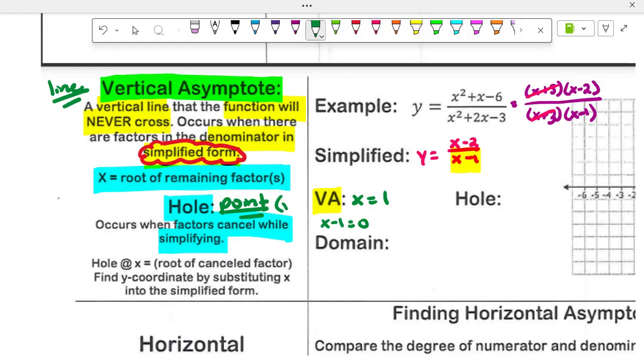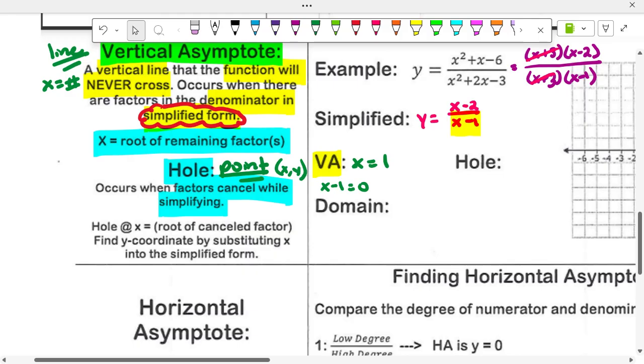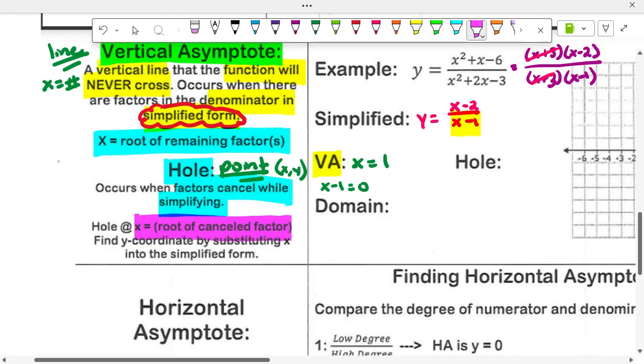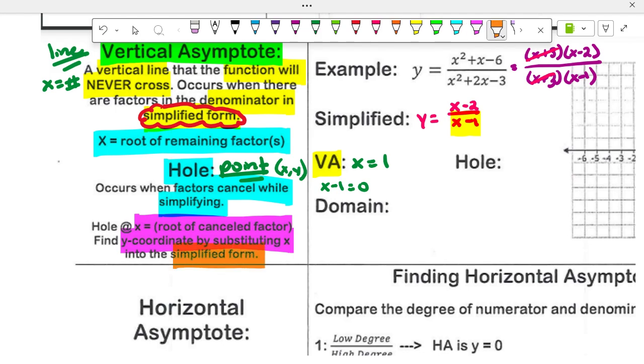So you should get something x, y. Whereas for a vertical asymptote, you should get x equals some number. Boys, shh. Now, the x value of the hole is when you set that canceled root equal to 0, and you find the y value by substituting x back into its simplified form. Not the original, but the simplified.